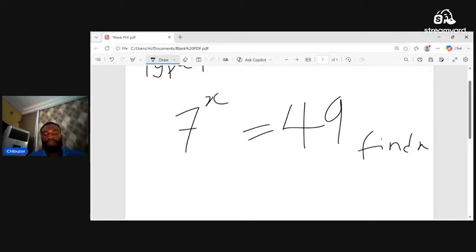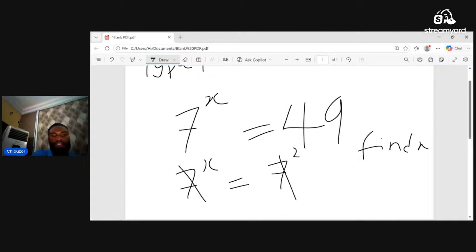So using the same principle, 7 times 7 is equal to 49. That means 7 raised to power x is equal to 7 raised to power 2. And when you cancel out 7 and 7, you will get x is equal to 2.